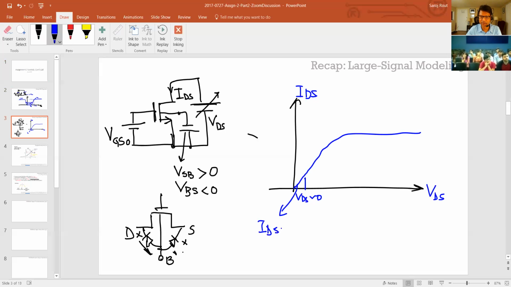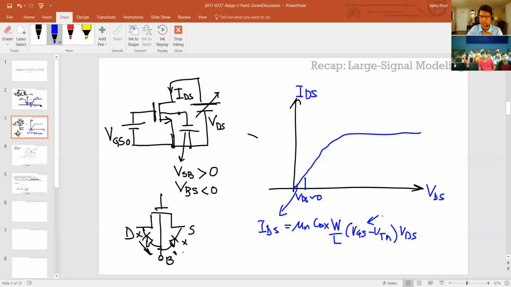So the IDS will be equal to the mobility times the oxide capacitance times the scale factor, which is W over L. So the larger the L, the less the current, right? And VGS minus VT, and in this case times VDS.